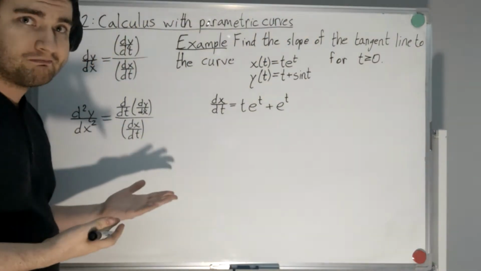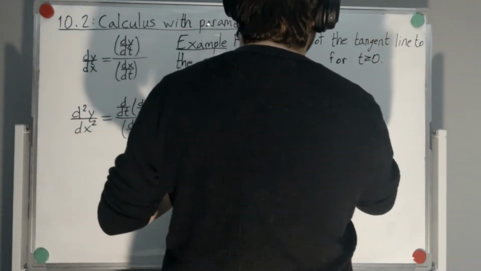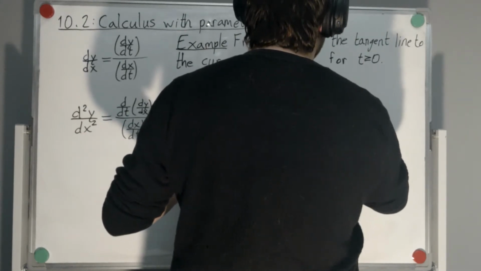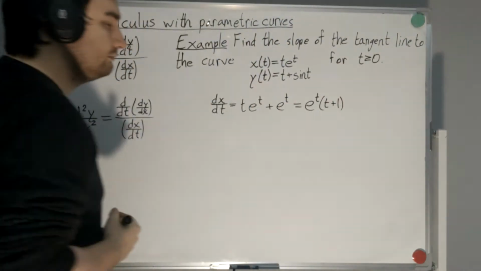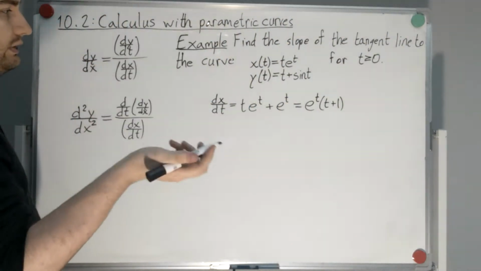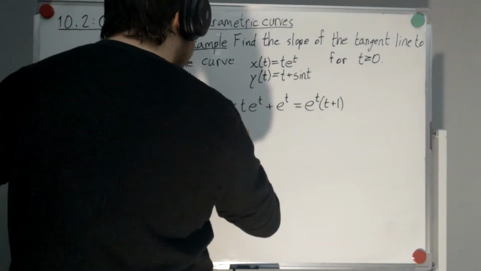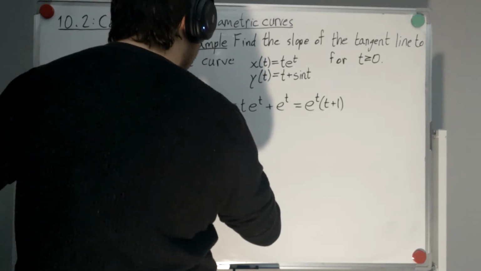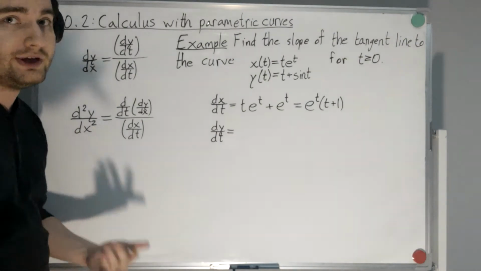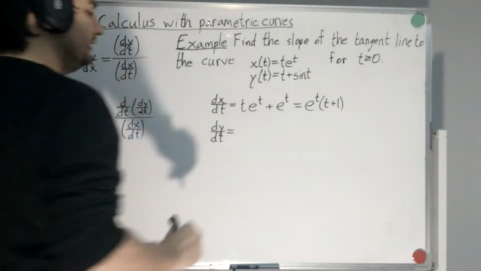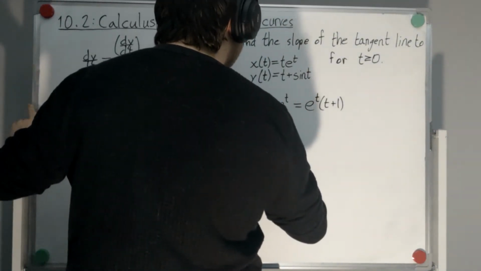So we get this, which, by the way, is the same as e^t (t + 1). dy/dt, which again is also known as y'(t), is 1 + cos t.